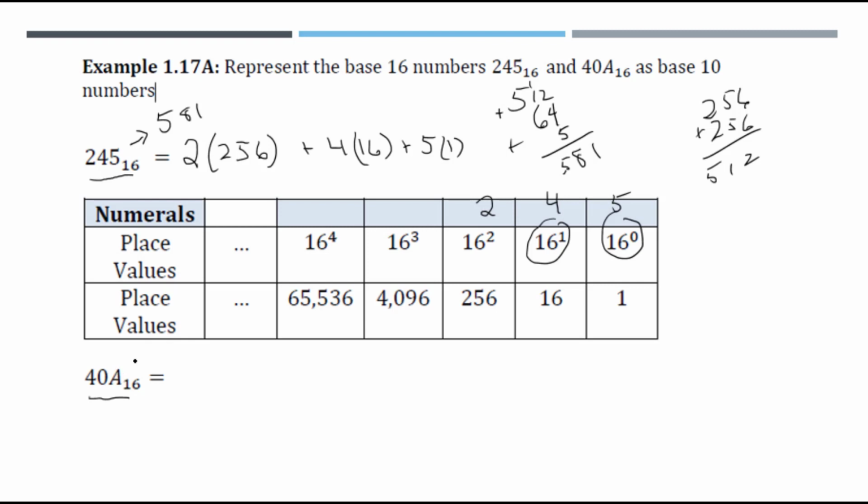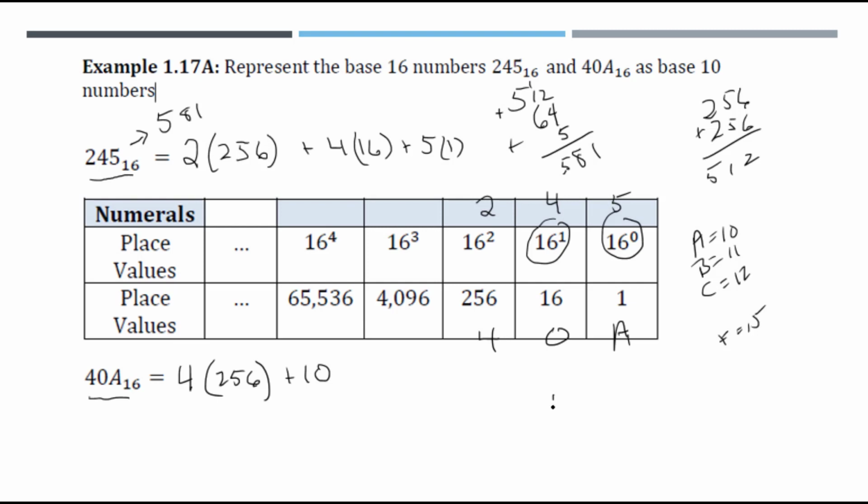40A. A, remember, A is 10. B is 11. C is 12, all the way to F, which is 15. And then you regroup at 16. So I'm going to put this in here, 40A. So I have 4 256s. And then just 10 ones, right?